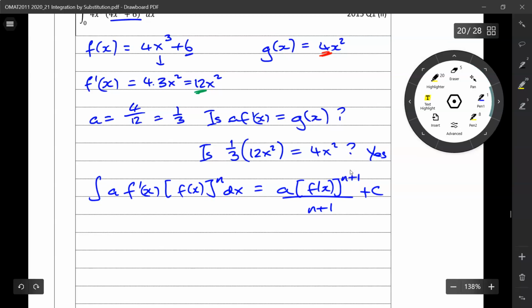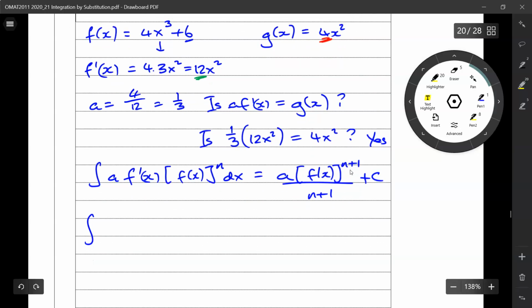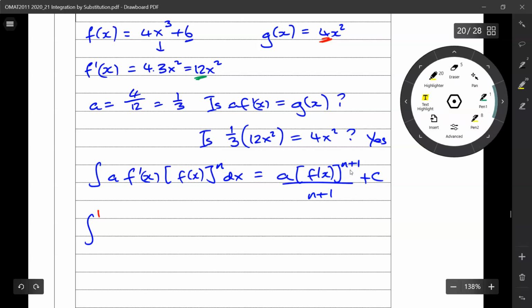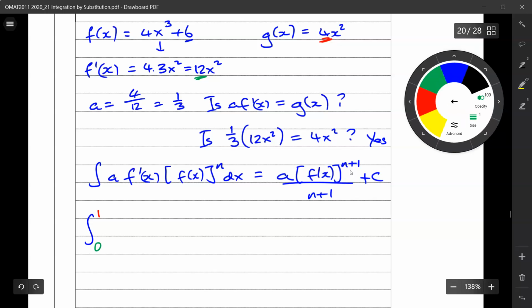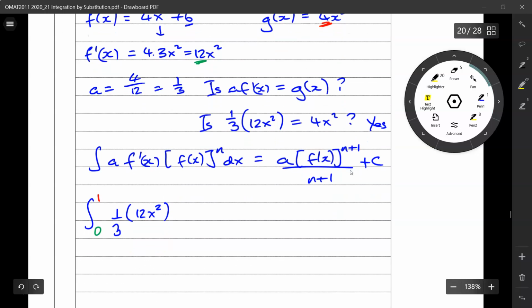So if I apply this rule here, our integral is going from where to where here? 1 to 0 again. So our upper limit is 1, our lower limit is 0. And what we're saying here is a is 1/3 times f prime of x, which is 12x squared. So that gives us 4x squared, our g of x.